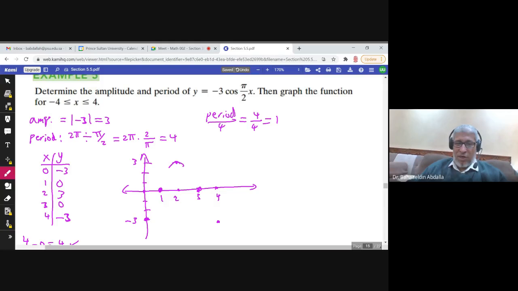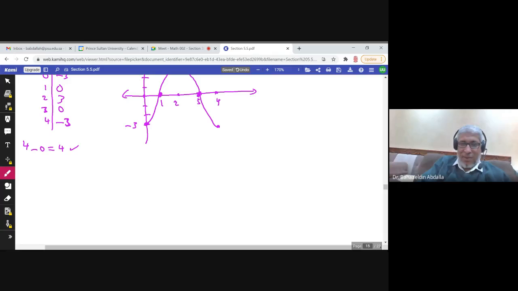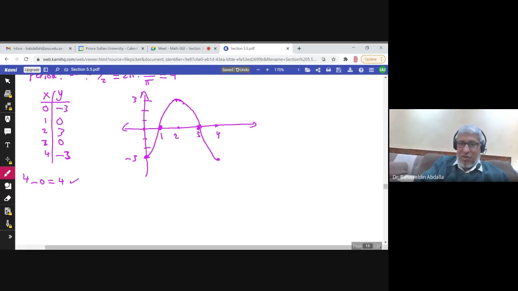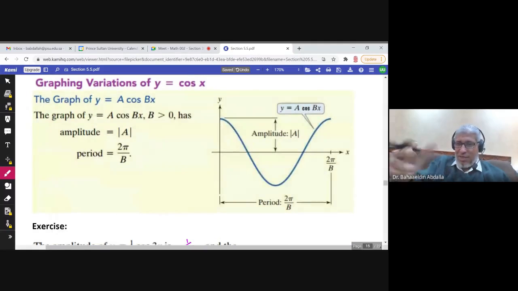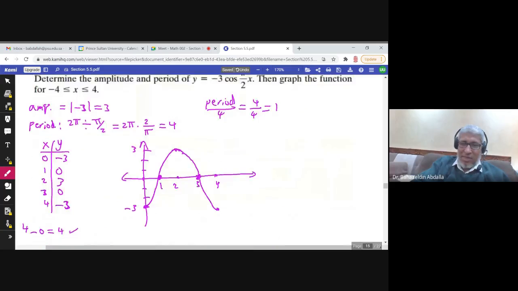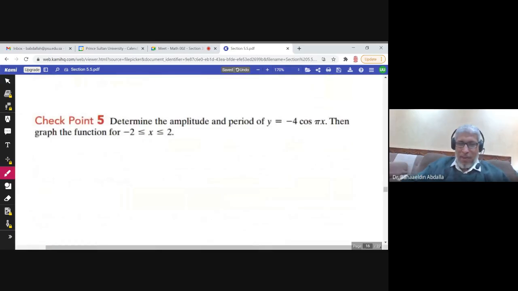Now let's sketch the graph of this function like this, and you will continue like this up. So this is the graph of negative 3 cosine of pi over 2 x. Because there is a minus sign, it is the graph of cosine reflected about the x-axis.